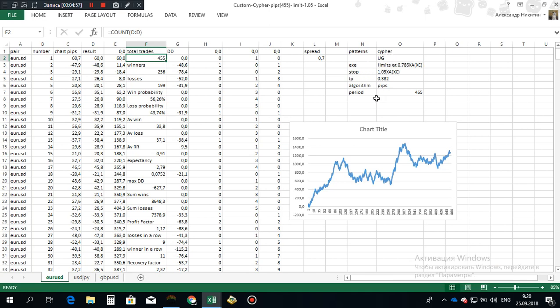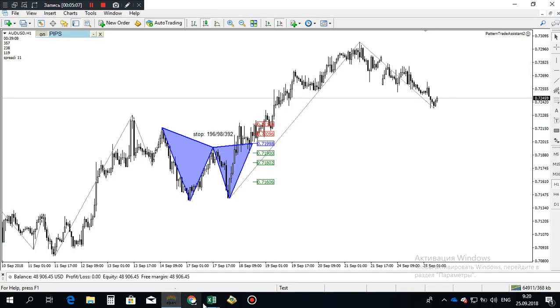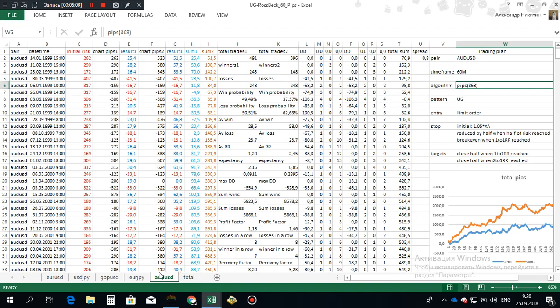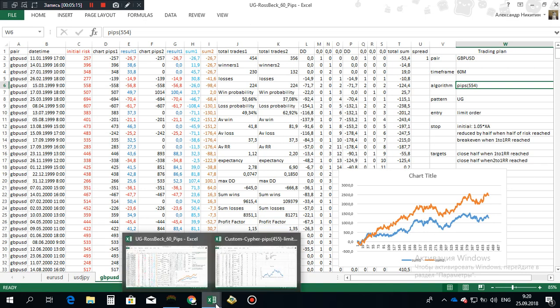It is a PRAX algorithm, price extreme 10. So you can see what the pound dollar result is here, and what the pound dollar result is here. You can see the difference between the algorithms.